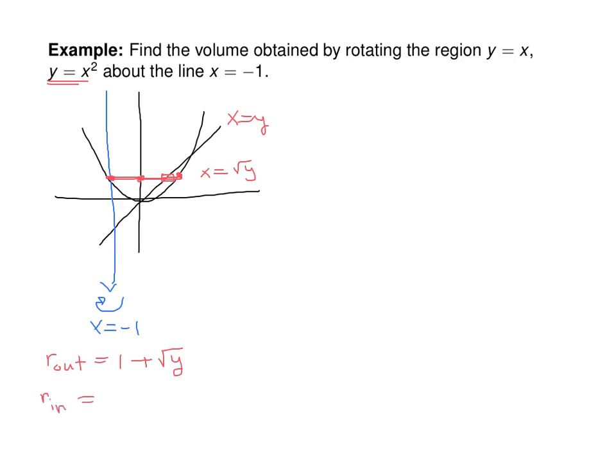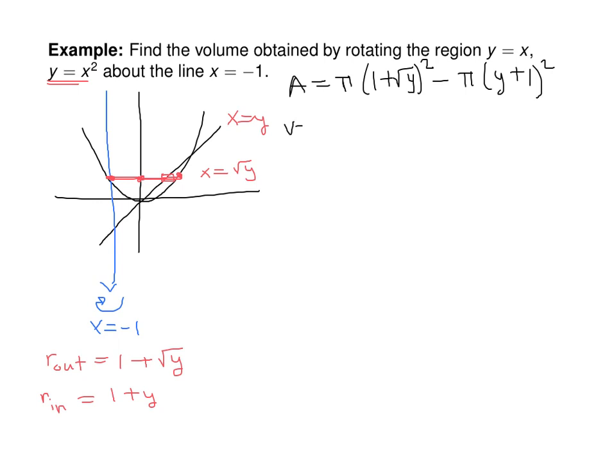R in will equal 1 plus y. So then the area of my slice will be pi times r out squared, which is 1 plus root y squared, minus pi times 1 plus y squared.